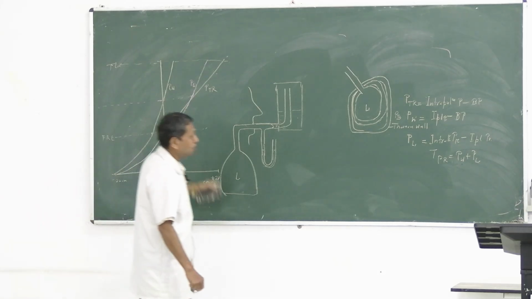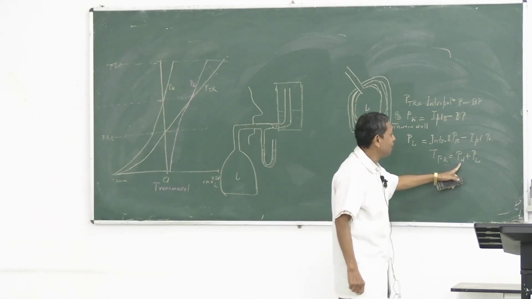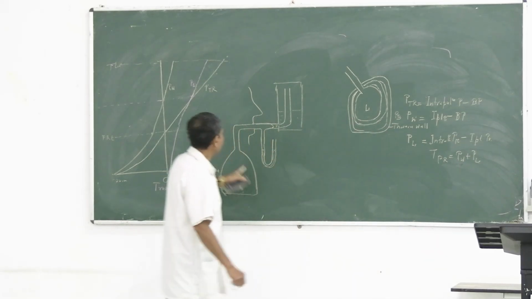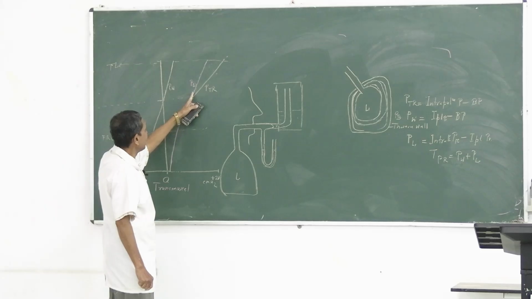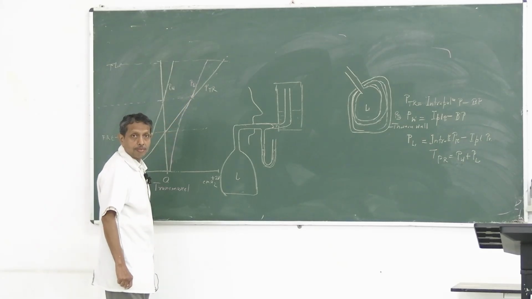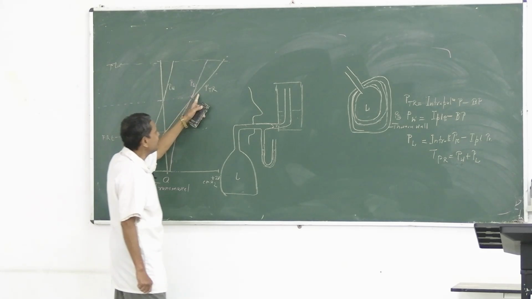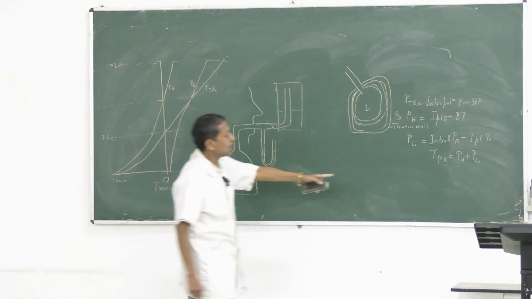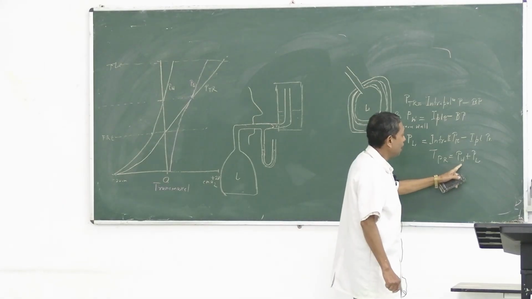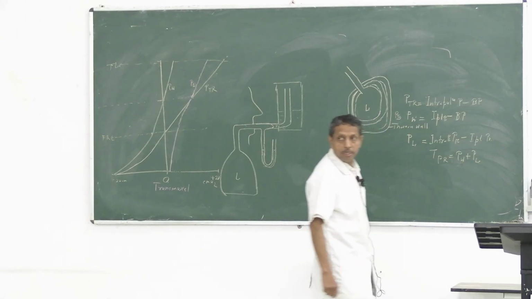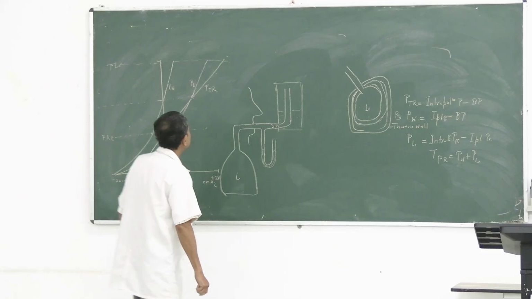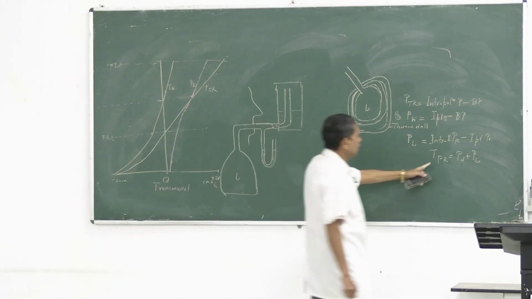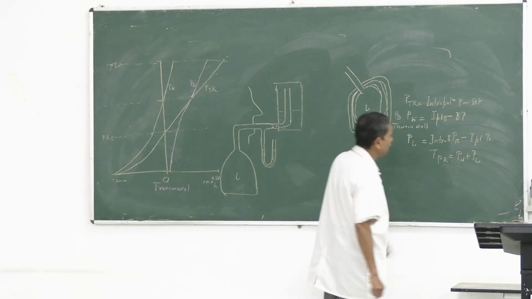So when you apply this formula, whenever PW is 0, then PTR is equal to PL, so at this point they are equal. Now PTR is equal to PW plus PL, so PTR minus PL is equal to PW.